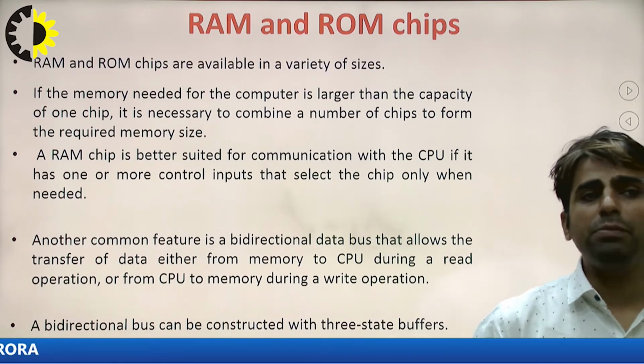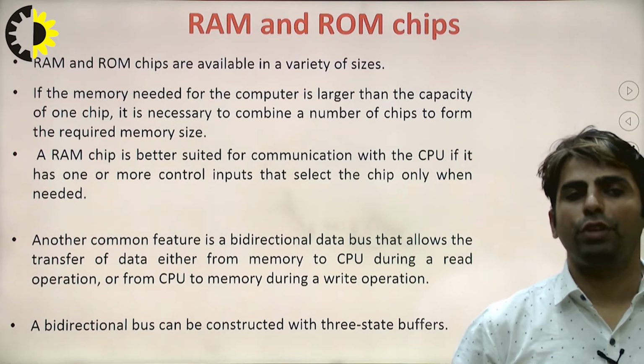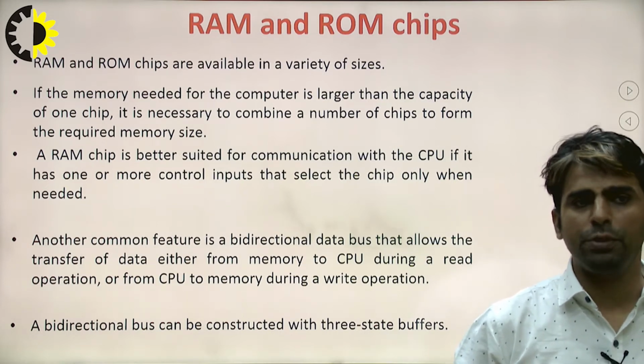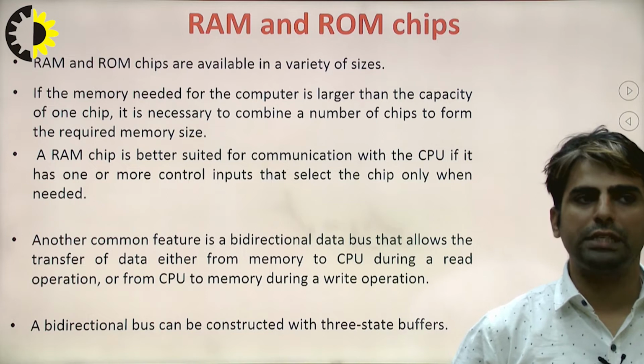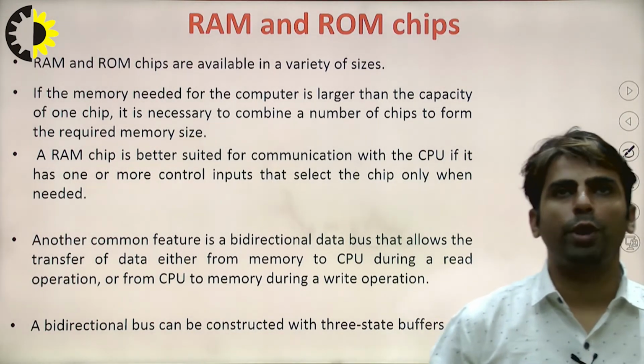A RAM chip is better suited for communication with the CPU if it has one or more control inputs that select the chip only when it's needed. So here we should understand this point.